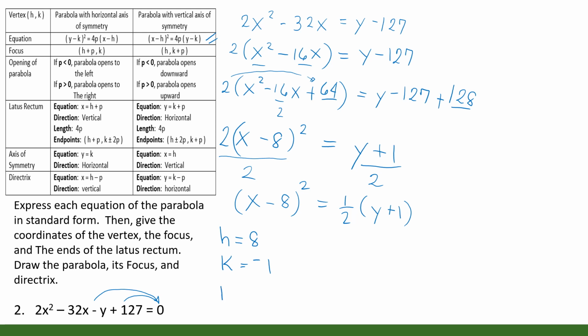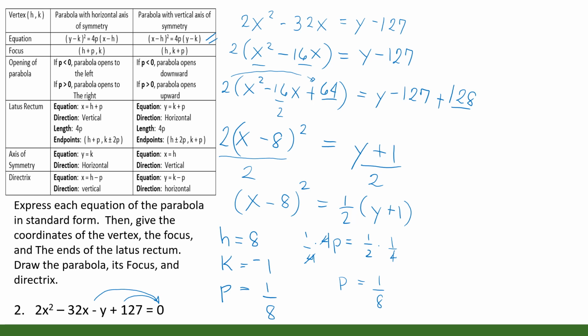And then what is our p value? So our 4p is 1/2. To solve, we can multiply this equation by 1/4. So on the other side, I need to cancel 4. So p therefore is 1/8.